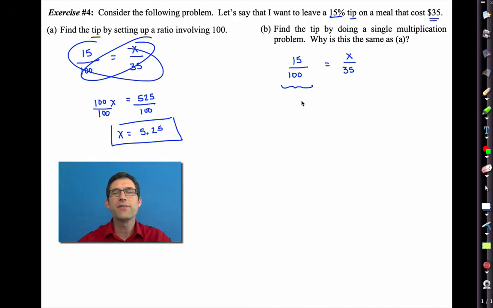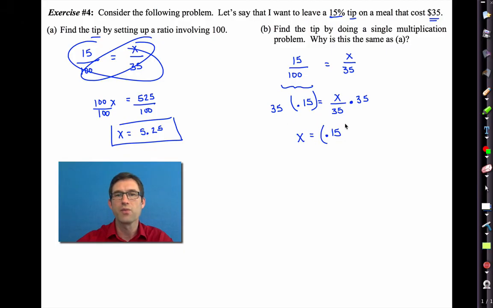But keep in mind that 15 divided by 100 is a number, right? In fact, it's 0.15. So we can solve this problem not by cross multiplying, but by simply multiplying both sides of the equation by 35. In other words, if I want to find 15% of 35, which is what I'm doing here, I can multiply 35 by 0.15.